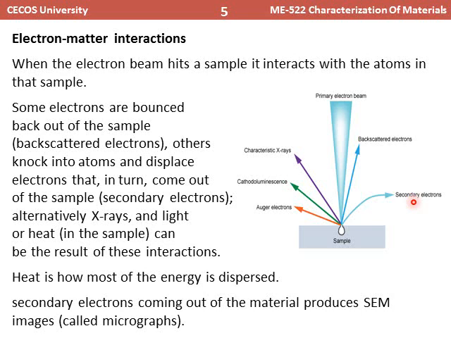So the image formation is either from the backscattered electrons or secondary electrons, and most probably the image you are viewing is from the secondary electrons. And sometimes you are also interested in the composition analysis of the surface, so in that case X-rays are equally important. But cathodoluminescence and Auger electrons are used by some researchers for very specific studies.